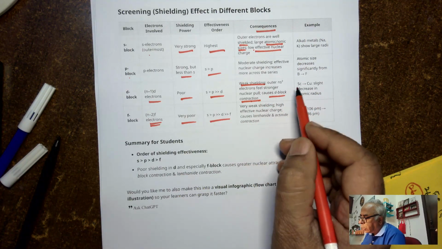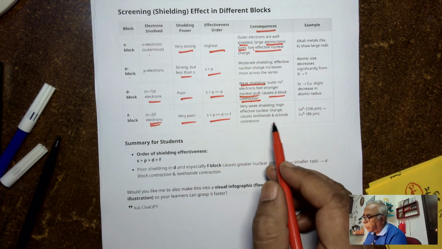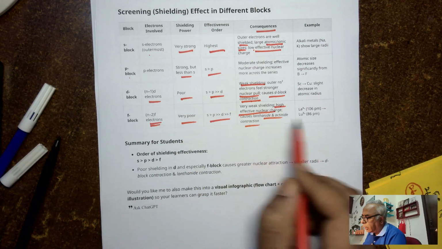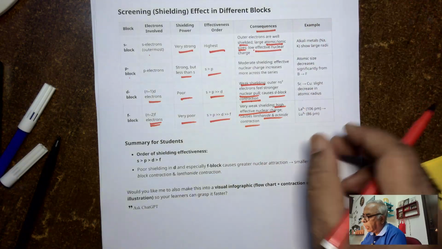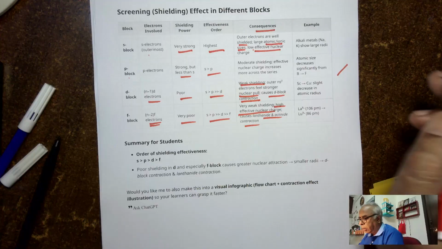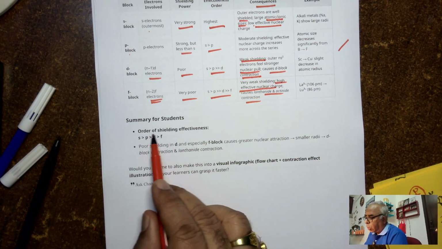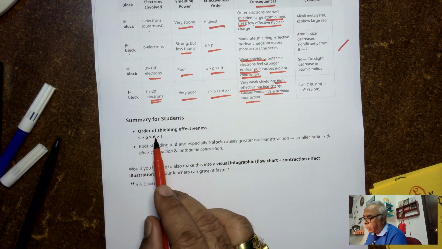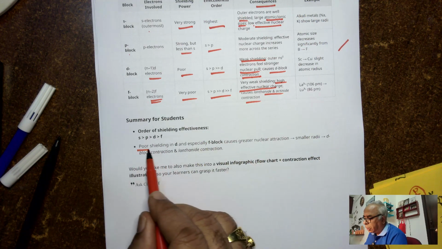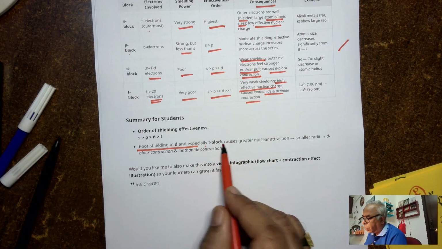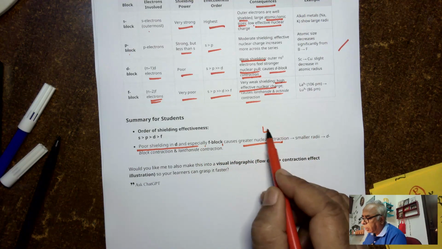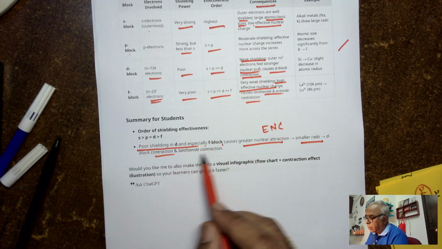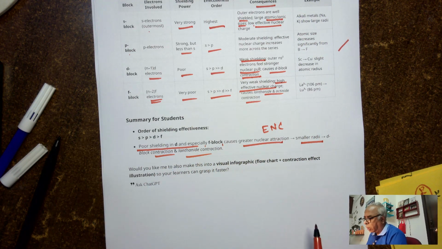There is a high effective nuclear charge that results in lanthanide and actinide contraction, and we have cited the examples. You can go through that. So the summary here is the order of shielding effectiveness: s is much greater than p, and p is much greater than d and f. The poor shielding effect of d and f causes greater nuclear attraction, that is effective nuclear charge, that results in smaller radii, and that results in the lanthanide contraction or d block contraction.